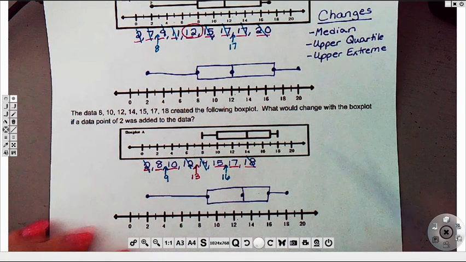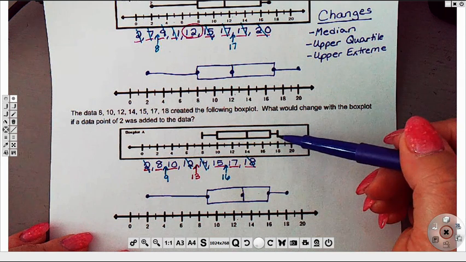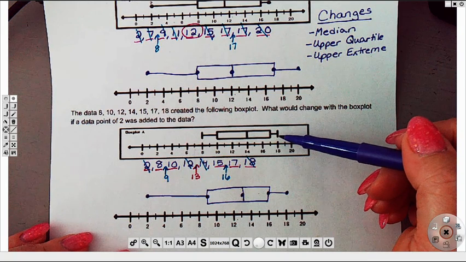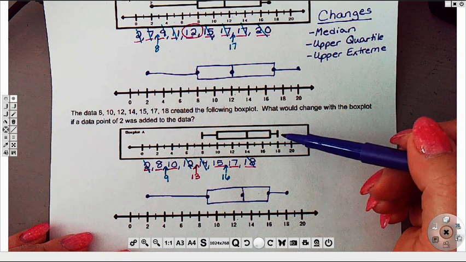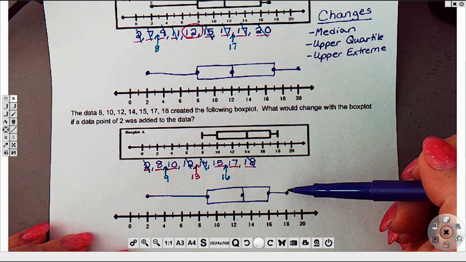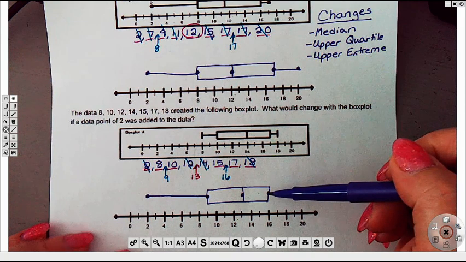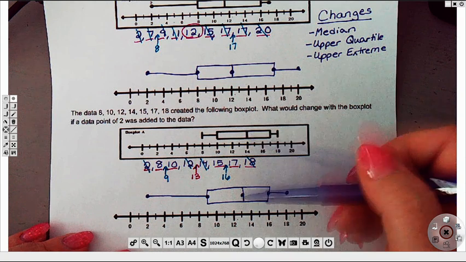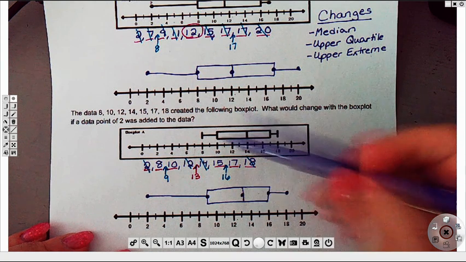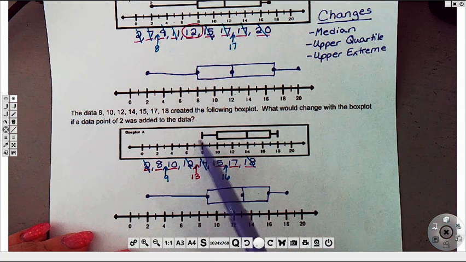And now I look at how it changed. My upper extreme is still at 18. In this instance, my upper quartile also changed from 17 to 16 because I added one more piece of data. My median went from 14 down to 13. The lower quartile went from 10 to 9, and look at this lower extreme, it went from 8 to 2.